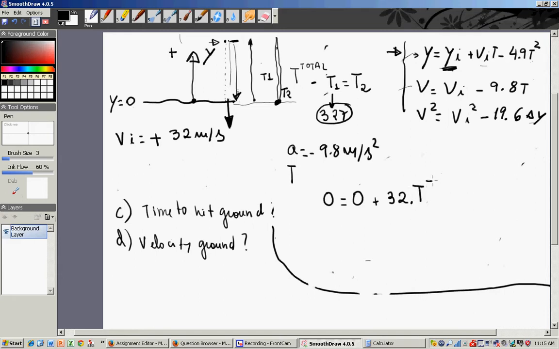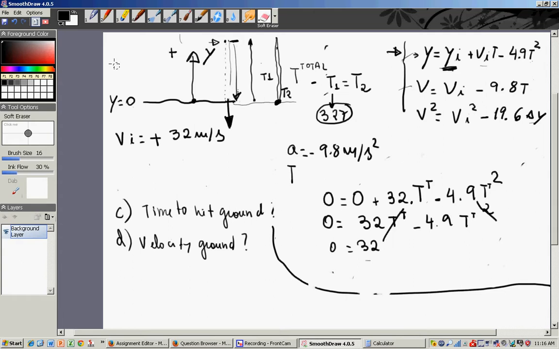y final, goes back to the floor, is equal to y initial, started in the floor, plus initial velocity times t total, minus 4.9 t squared. So essentially I have this equation here: 0 is equal to 32 t total, minus 4.9 t total squared.